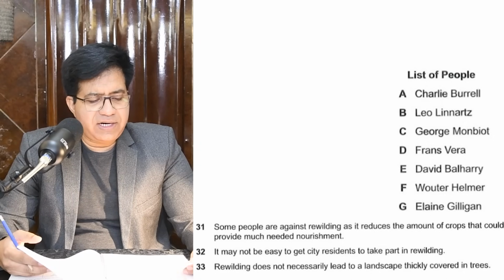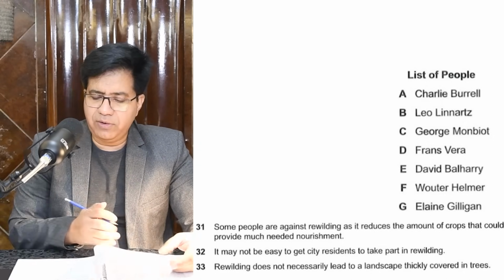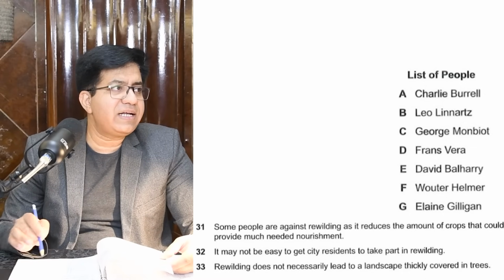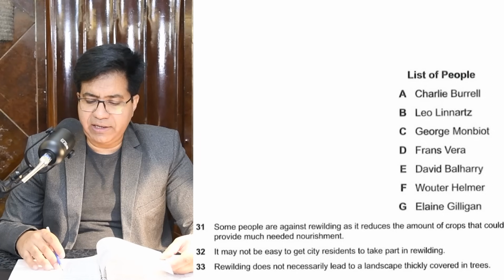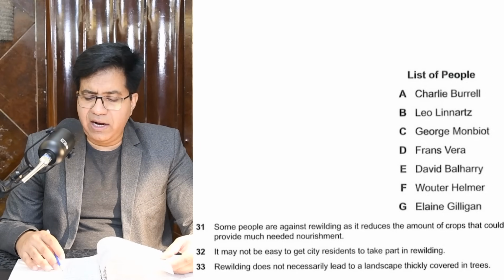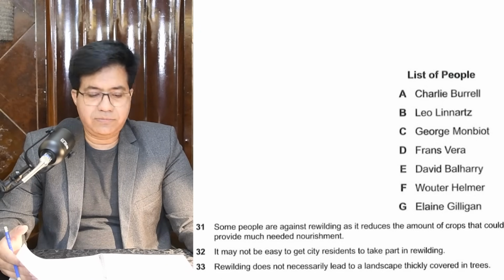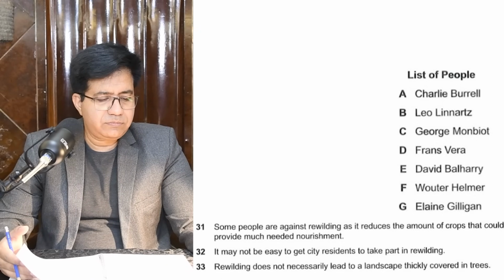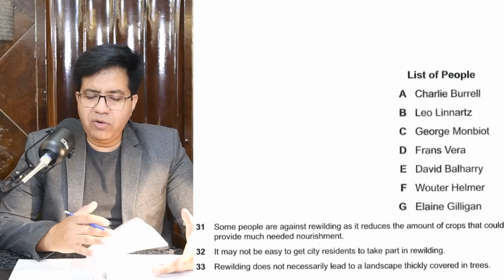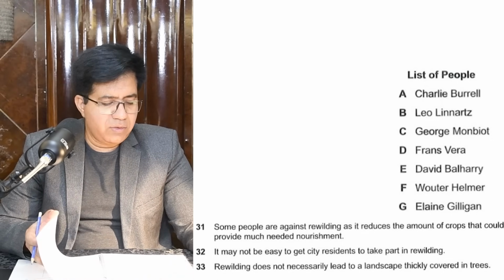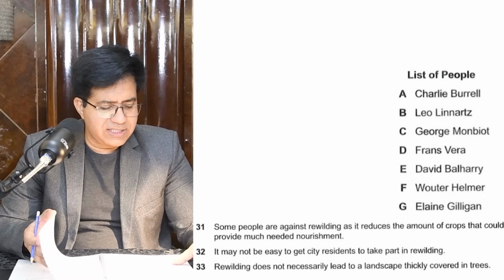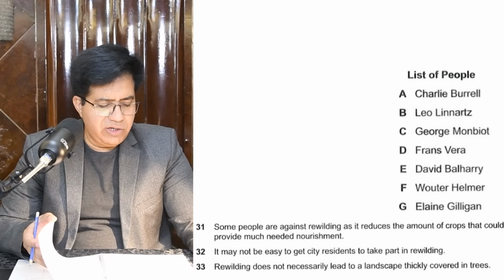First paragraph, 3rd line, Charlie Burrell is there. Okay, underline that or encircle it so that you can see it clearly. Then underline Leo Lenartz. Leo Lenartz. Okay, 2nd paragraph, 4th last line, ecologist Leo Lenartz.